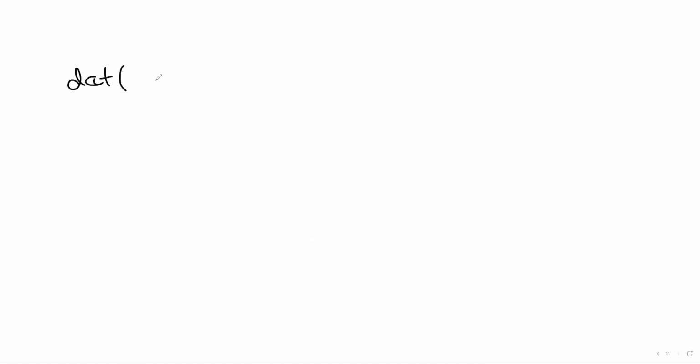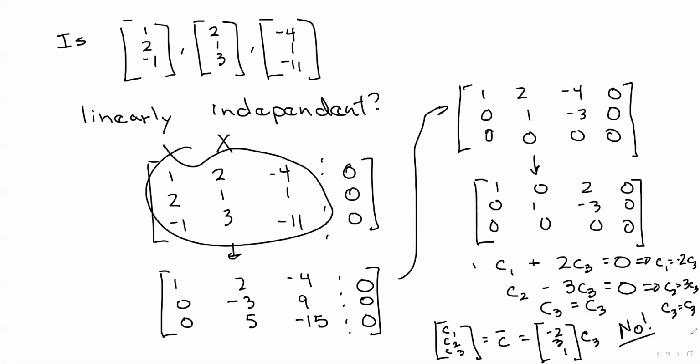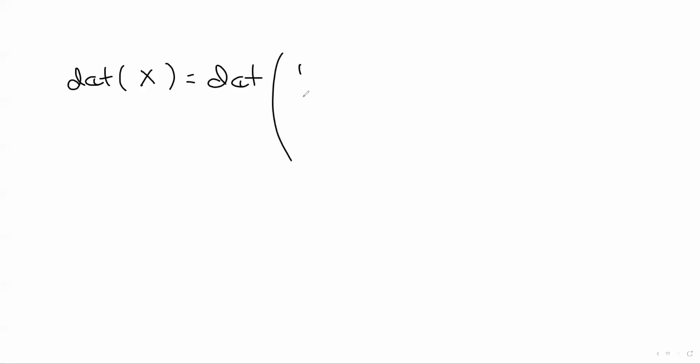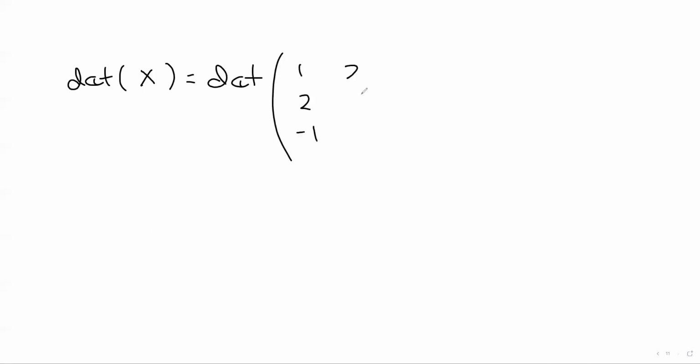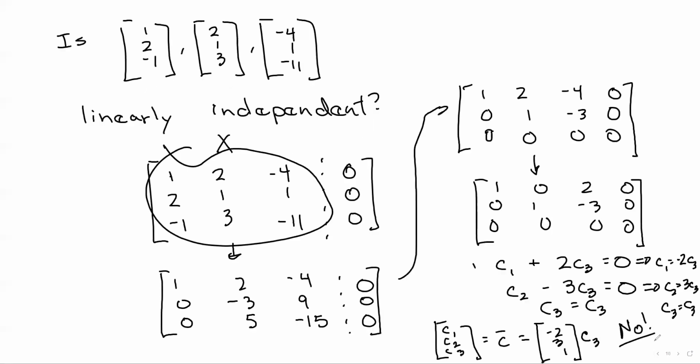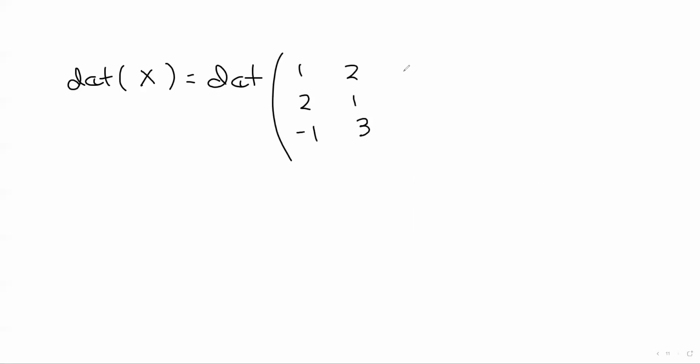And we could just calculate the determinant. So the determinant of x would equal the determinant of what did we have? We have 1, 2, -1, and then 2, 1, 3, and then -4, 1, -11. For our determinant calculation, we take 1, multiply it by the determinant of this 2 by 2, so that's -11 minus 3, that's -14, minus 2.